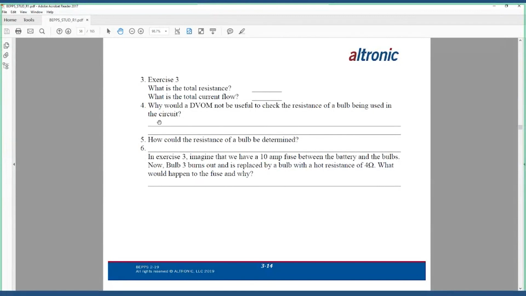So I'm sure if we kept working this out, we could find a combination. Maybe we went from a 10 ohm bulb to a 2 ohm bulb, and maybe we replaced the 4 ohm bulb with a 2 ohm bulb. But eventually, if we lowered the resistance value of our bulbs in this circuit, we could exceed 10 amps and do what? Start blowing the fuse, right?